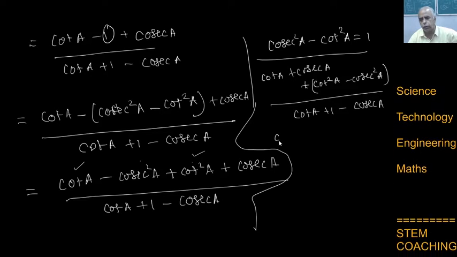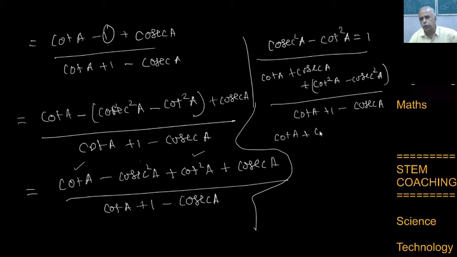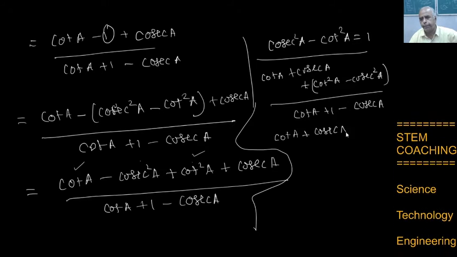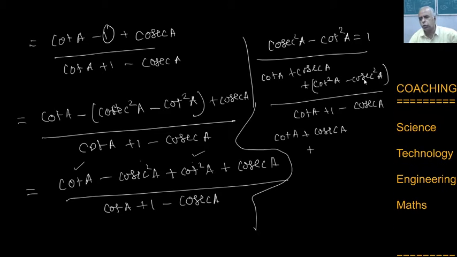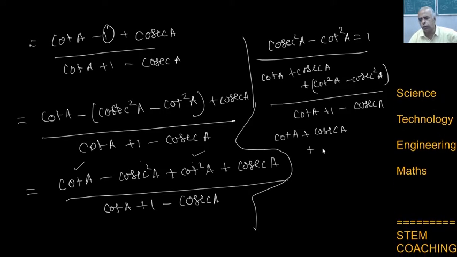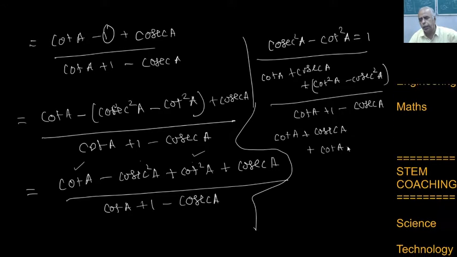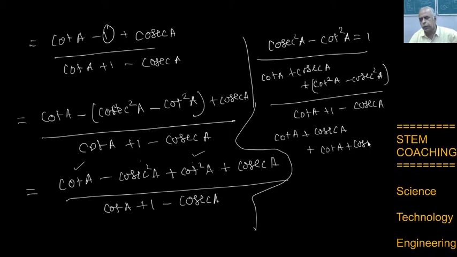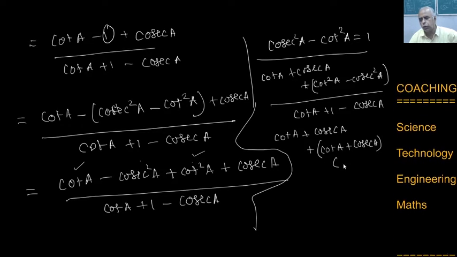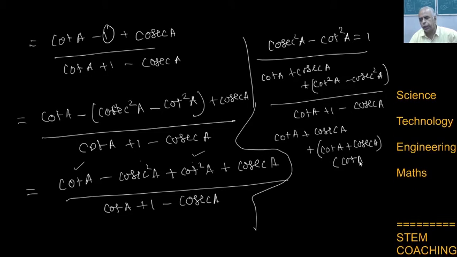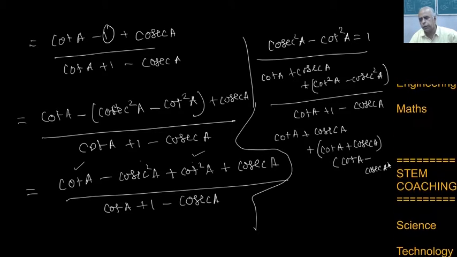So you can write down cot A plus cosecant A, follow me carefully, plus now cot squared minus cosecant squared, A squared minus B squared formula, A plus B into A minus B. So cot A plus cosecant A and then into cot A minus cosecant A. Am I right?